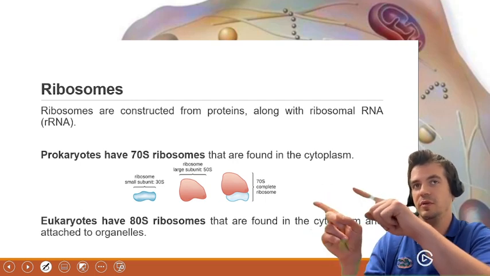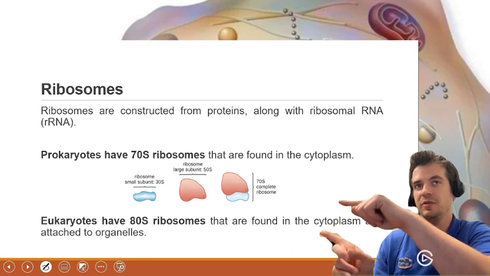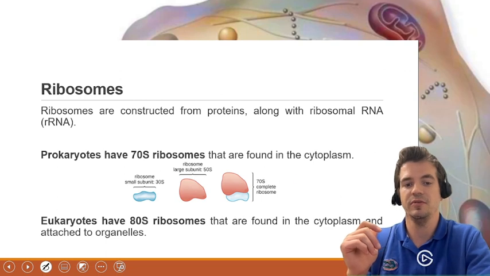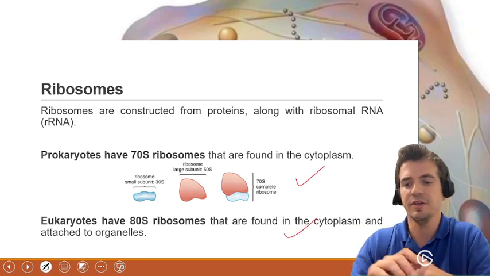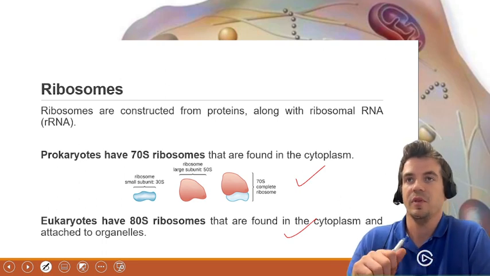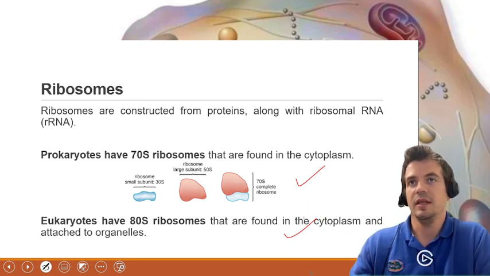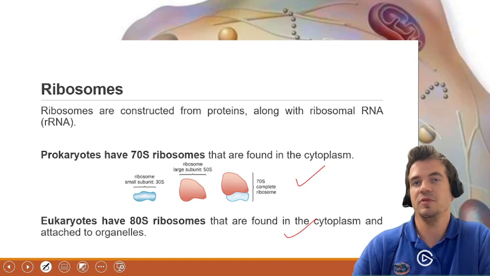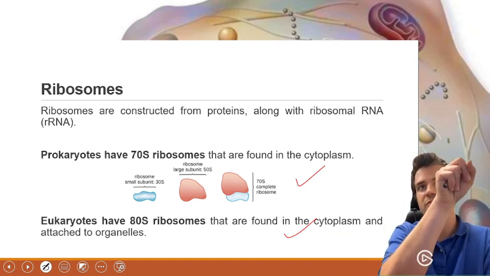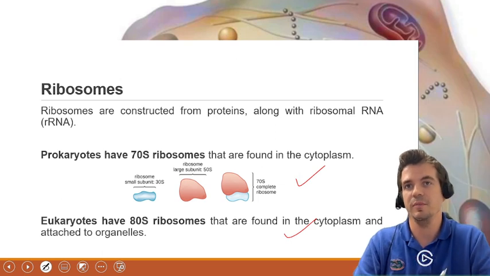So we see a difference between them, right here in the ribosomes, even though they both have them. Of note, the ribosomes in prokaryotes look a lot like the ribosomes in mitochondria, all the way up there in the corner.